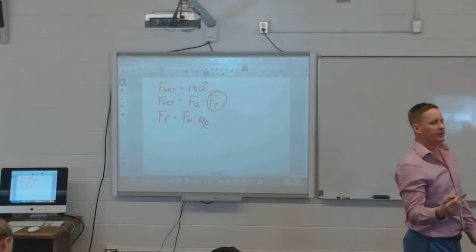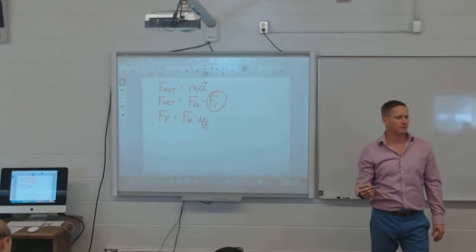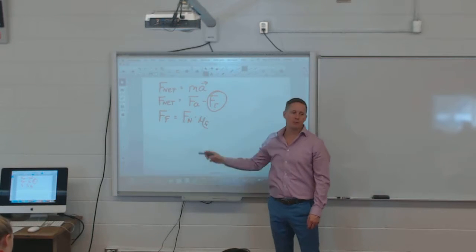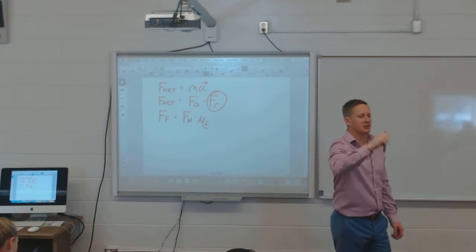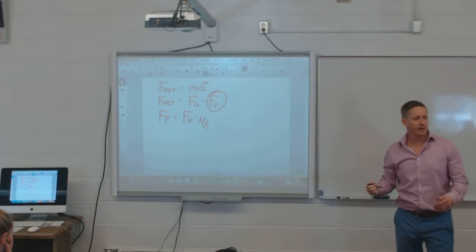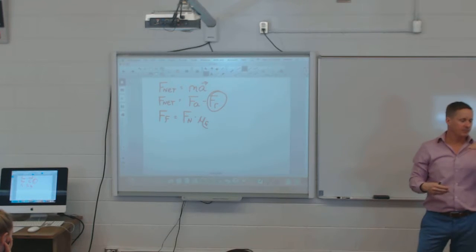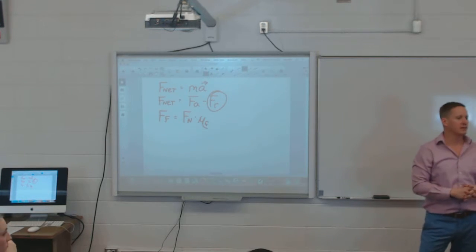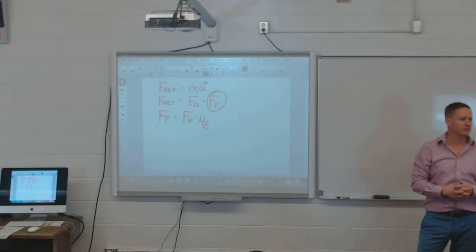Each surface has a different amount of friction involved. So that's what the coefficient of friction is. The normal force is the force that the surface is pushing up on it, so we have to take that into account as well, which in most cases will be mass times acceleration of gravity. That's all that's new in this whole section, those three things.